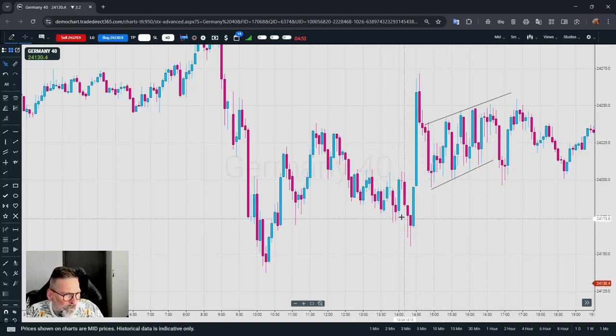Some would still call that a range, but technically it is making higher highs and higher lows. So, real life examples. This would be slightly downward tilting, a bear channel. Yeah, all right.